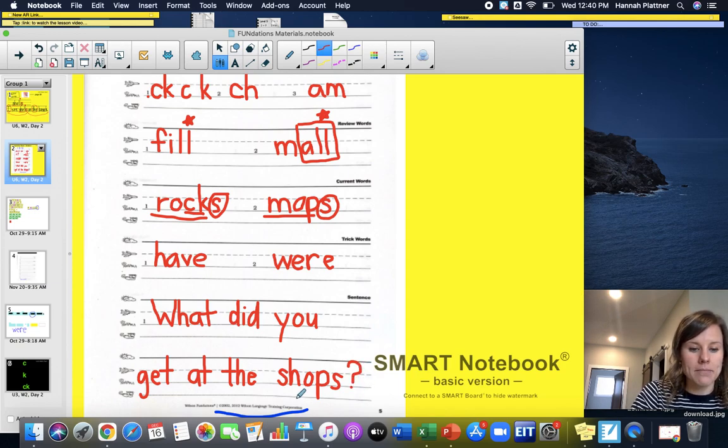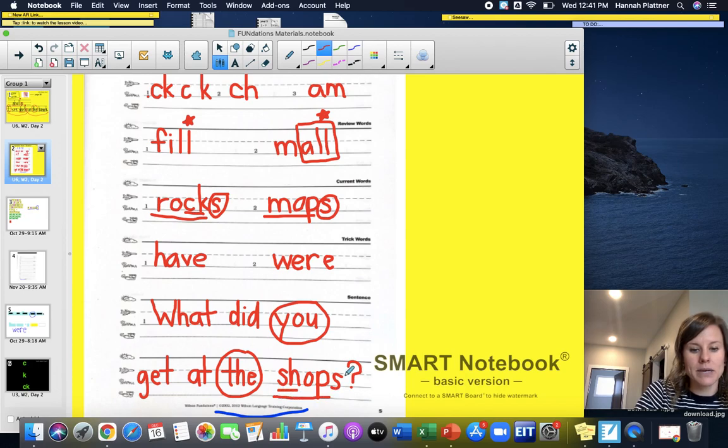All right, let's go ahead and mark up our sentence. Circle trick words. The, you. We're going to be learning about the trick word what tomorrow, so we're not going to circle it today. And I'm going to mark up any other words that follow rules we've learned. I see a digraph, SH.